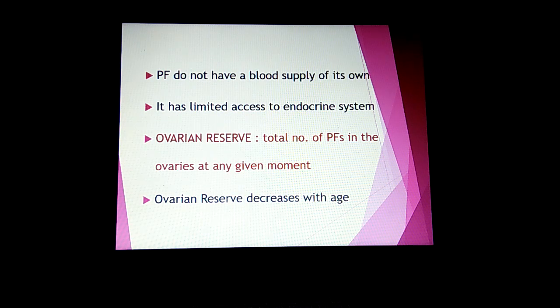This primordial follicle does not have a blood supply of its own, and it has limited access to the endocrine system, due to the basal lamina. Ovarian reserve is the total number of primordial follicles in the ovaries at any given moment, and the ovarian reserve decreases with age.